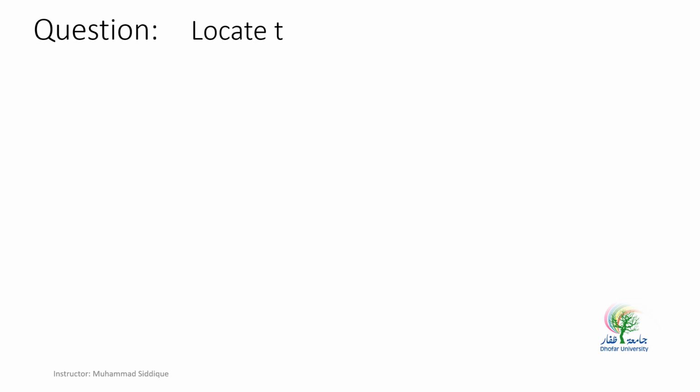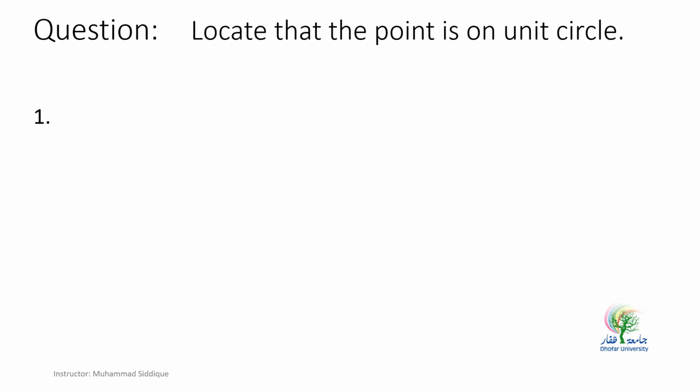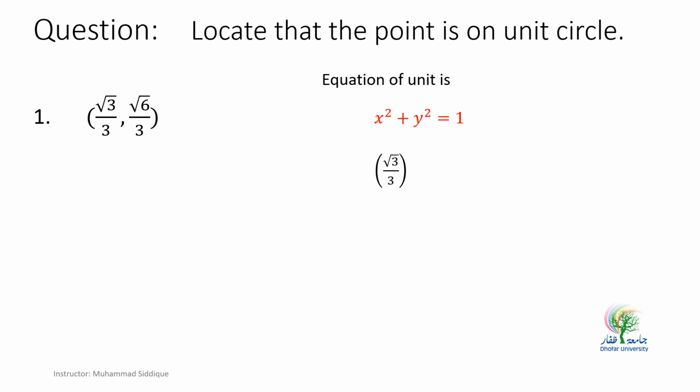Now we have a question. Determine whether the point is on the unit circle. We have the point (square root 3 by 3, square root 6 by 3). We know the equation of the unit circle is x squared plus y squared equals 1.